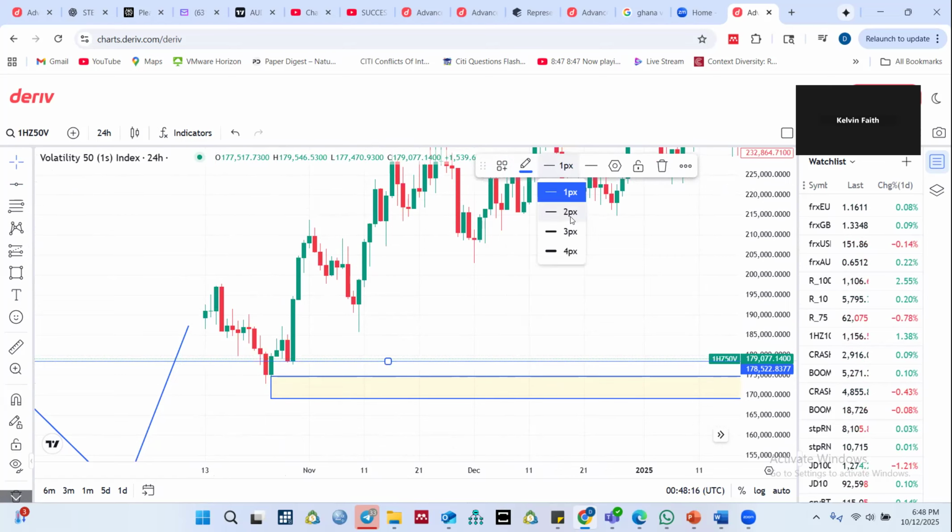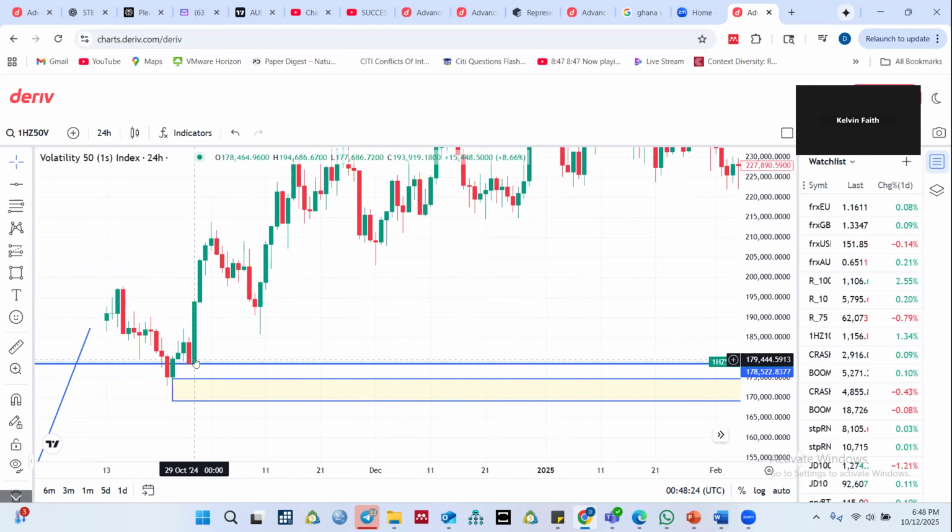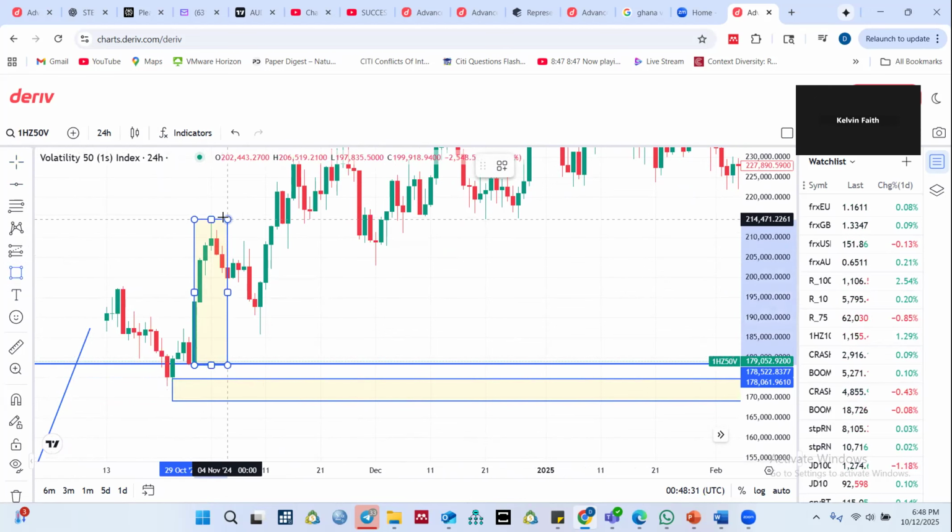Yeah, it's already blue, so let me make it very big. Good. So off this blue line, price has impulsively moved to the upside. This is the first thing we have to look at. Price has impulsively moved to the upside of where I put the blue line.